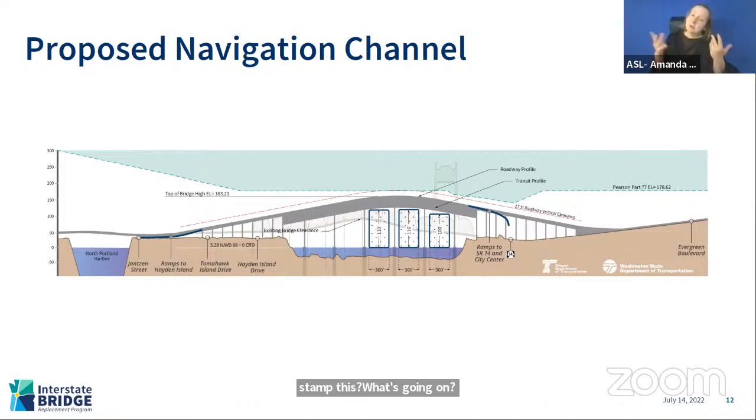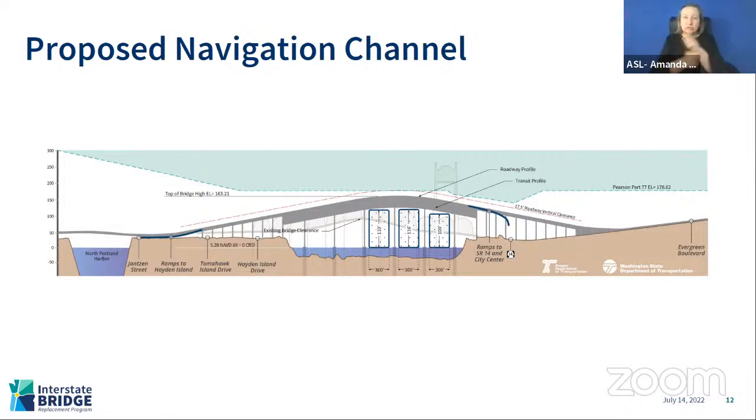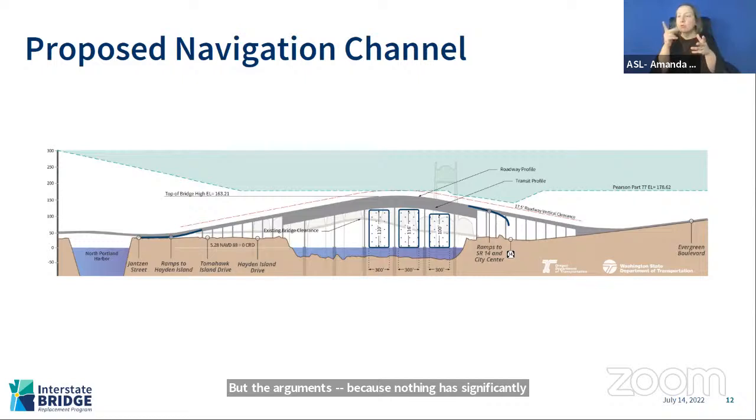So the Coast Guard, their processes have changed slightly to where they have to address this issue as we are in this phase of the project. But because nothing has significantly changed in the river user's profile, the arguments are going to be very similar.